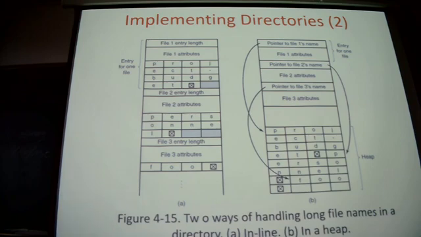How to solve the problem? Maybe you can focus on the right figure. You can compare these two figures to find how to solve the problem of dynamic file name length.